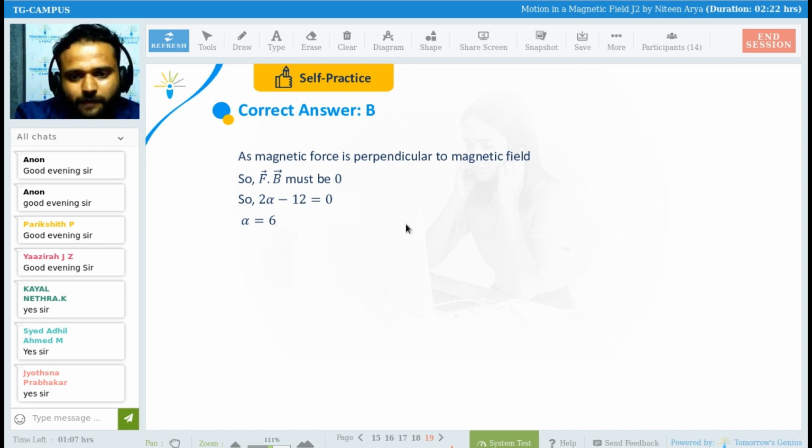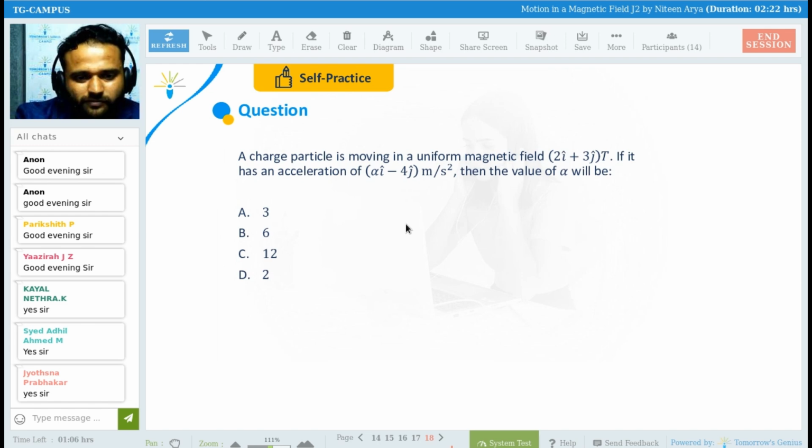The magnetic force is perpendicular to the magnetic field, so F dot B must be 0. So 2 alpha minus this is going to be 0. When a charged particle is moving in a magnetic field of this and has acceleration, simply F is ma.